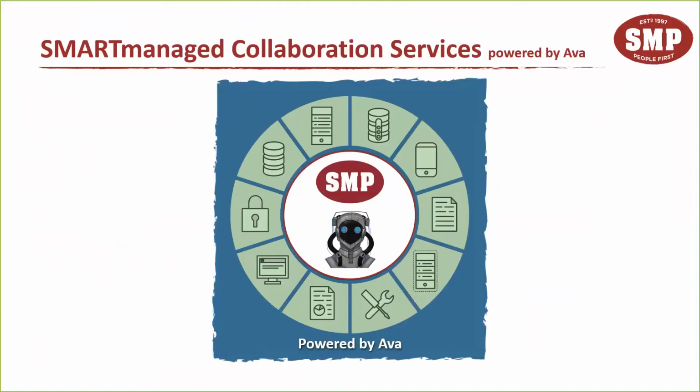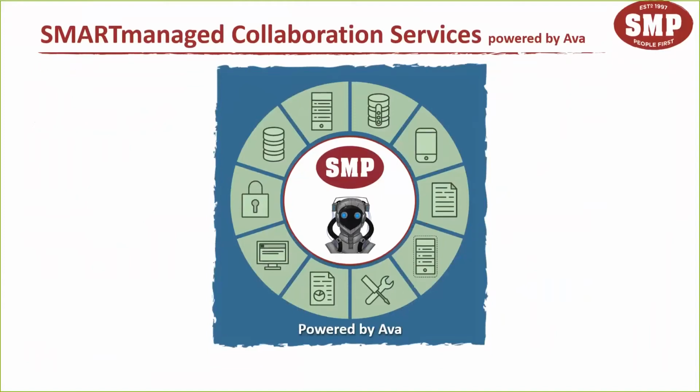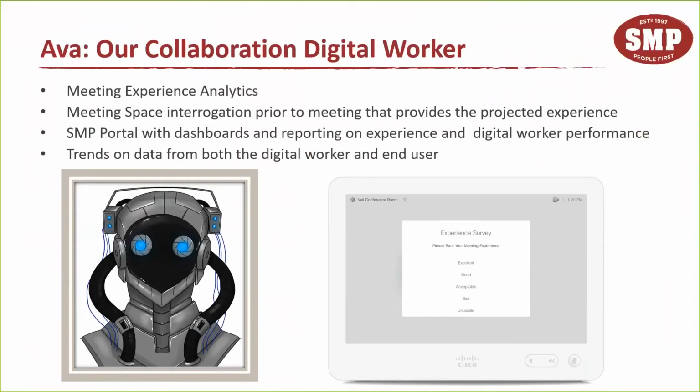And even more importantly, what about the experience of the people in the room? AVA, our collaboration digital worker, is also looking at the meeting experience analytics. One of the things we have done is gotten into the Cisco Touch 10 to prompt for feedback after the meeting or the room use that just occurred, asking more about what did you just think of the experience.